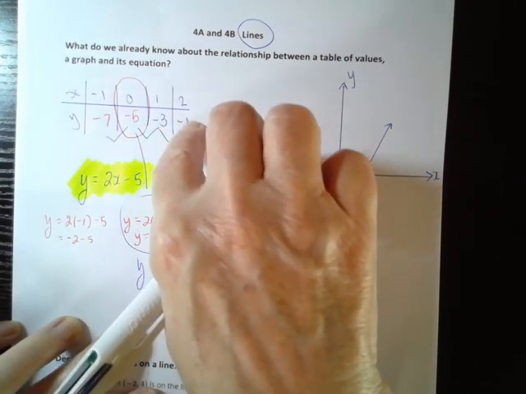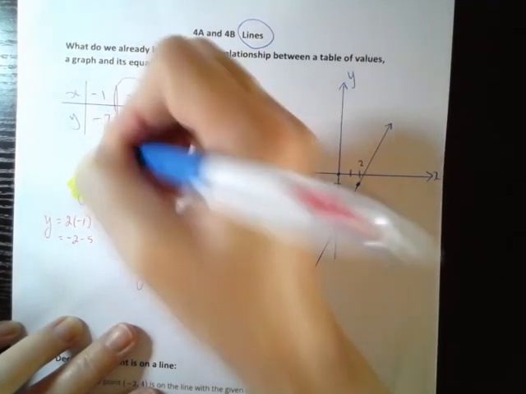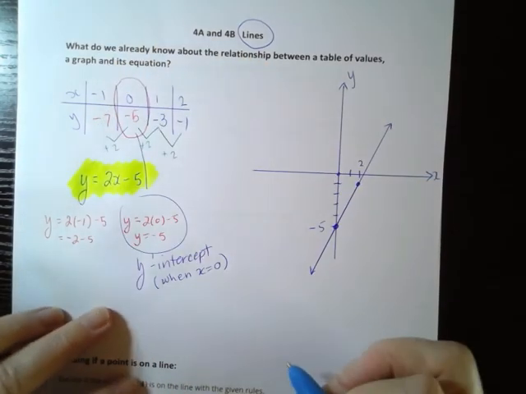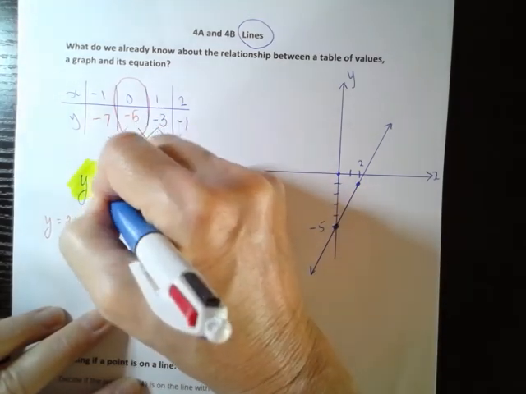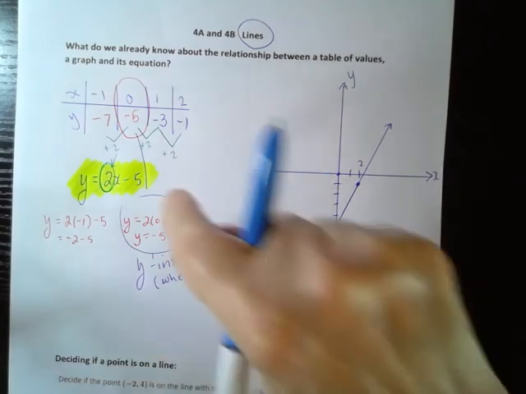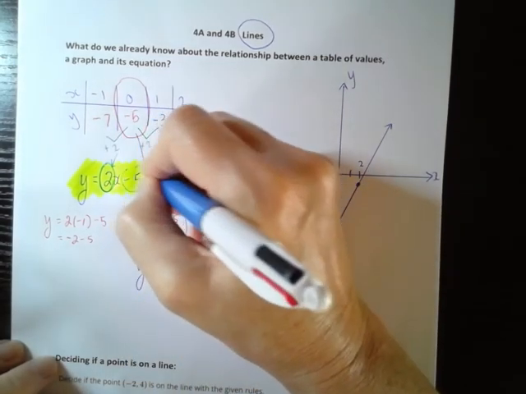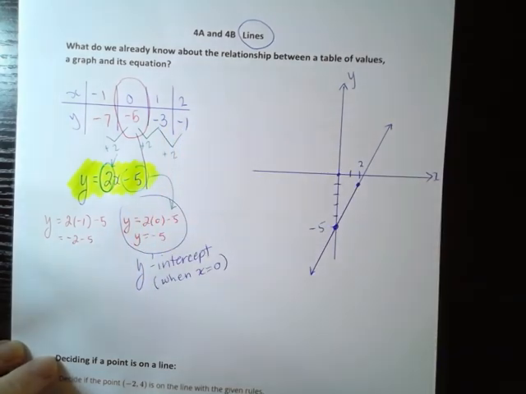Negative 3 plus 2 is negative 1. So it looks like the rule was to add 2 every time, and I'd get the next value. Well, that is that 2 right there. That is that 2. And the negative 5 is, in fact, the y-intercept. So I should be able to figure out rules from tables or graphs. And that's what's going to happen this term.